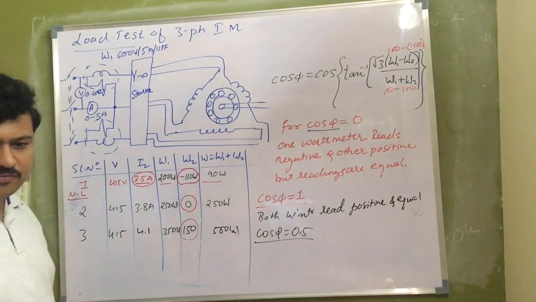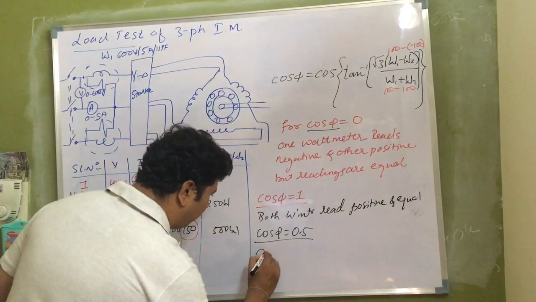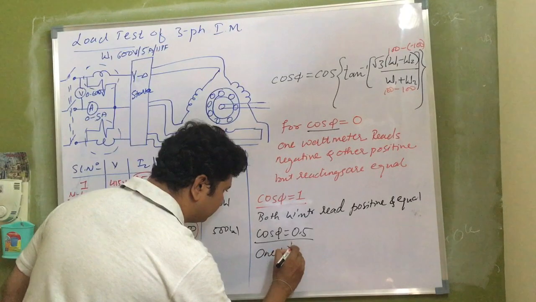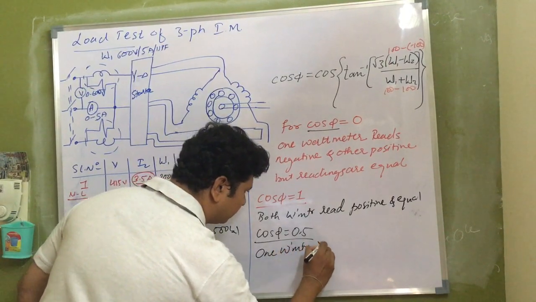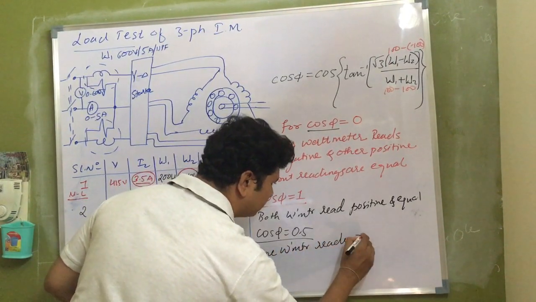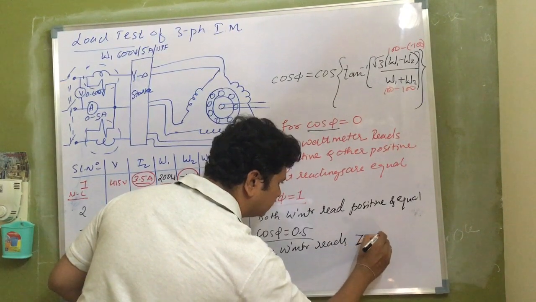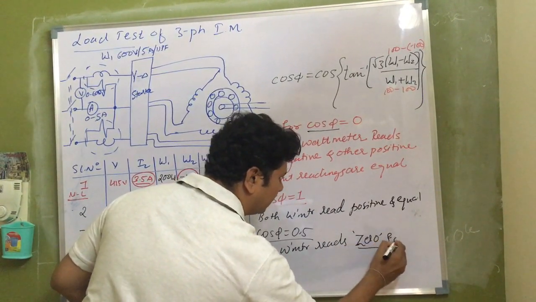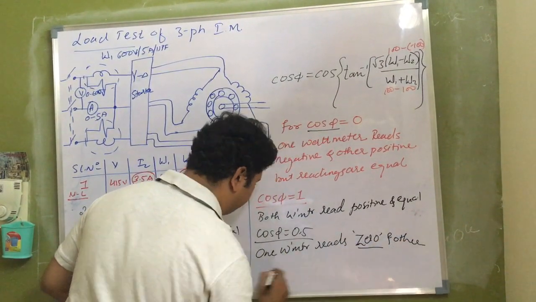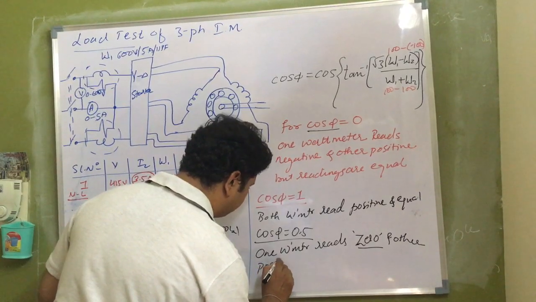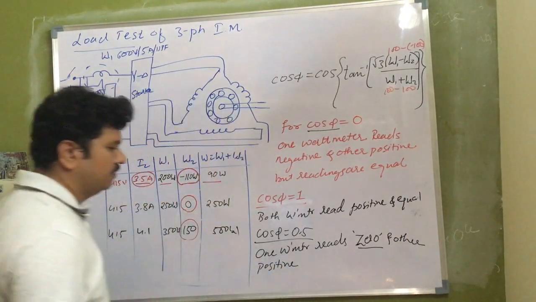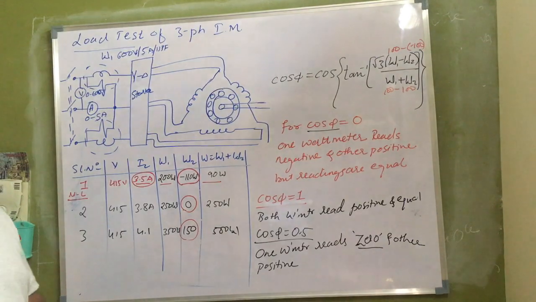If power factor is 0.5, one wattmeter reads 0 and the other reads positive.